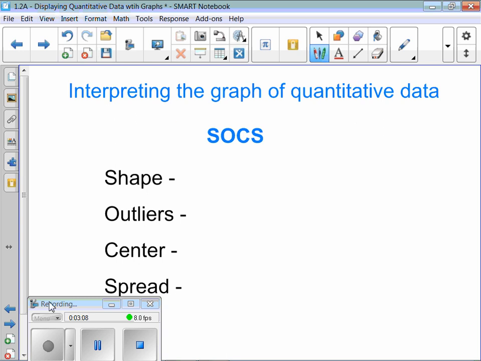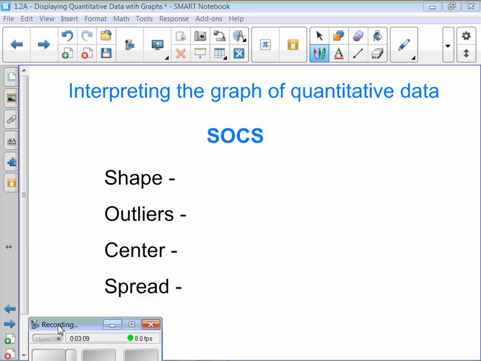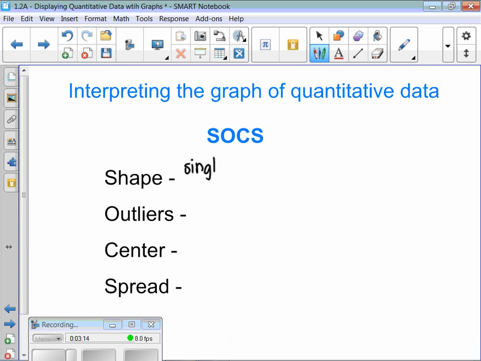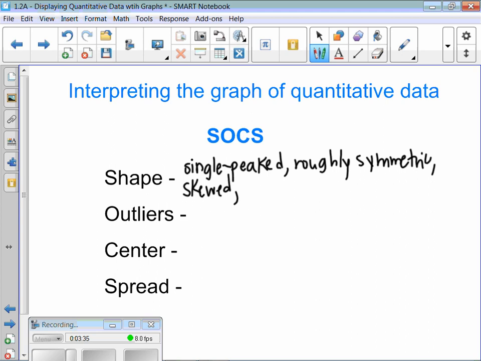So some things to write down next to each of these. For shape, you can talk about single peaked. You can use the words roughly symmetric. We'll talk about what that looks like. Skewed, we're going to talk about the two kinds of skewed, skewed left, skewed right.